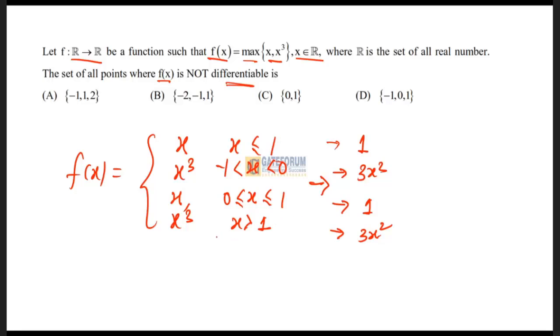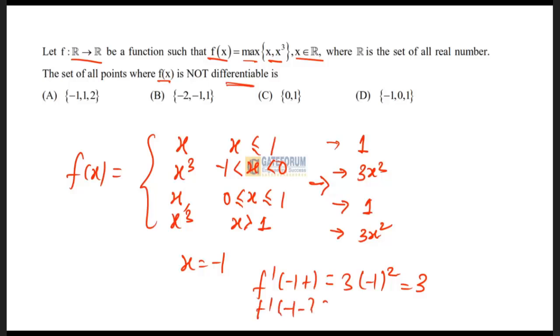So at x equal to -1, f dash of -1 plus is equal to 3 into (-1) square, that is 3. Now f dash of -1 minus is equal to 1. Here LHS is not equal to RHS, so it is not differentiable at -1.